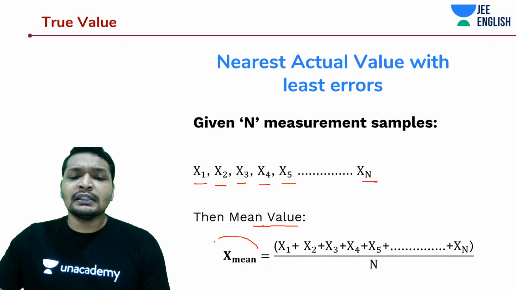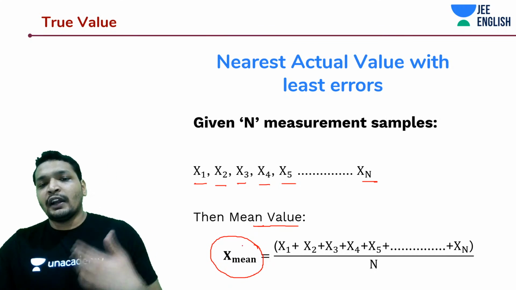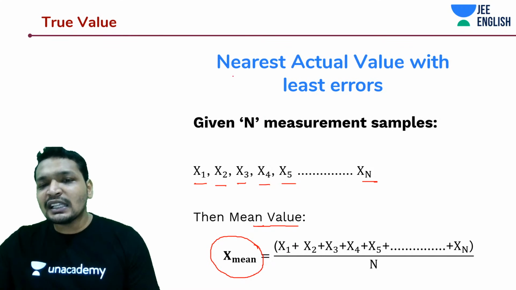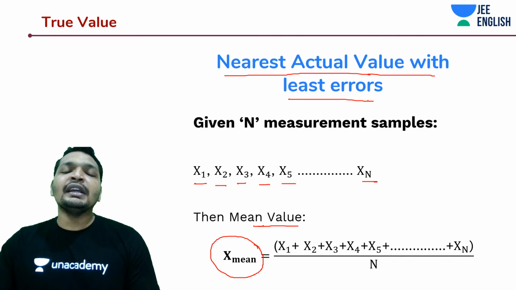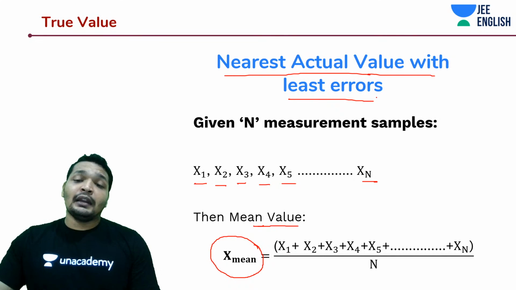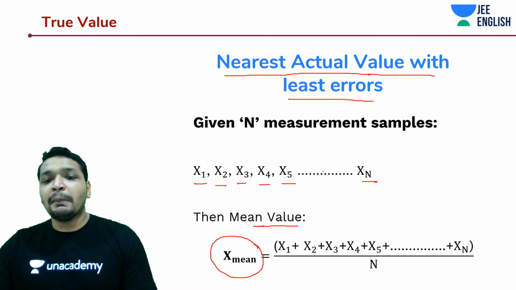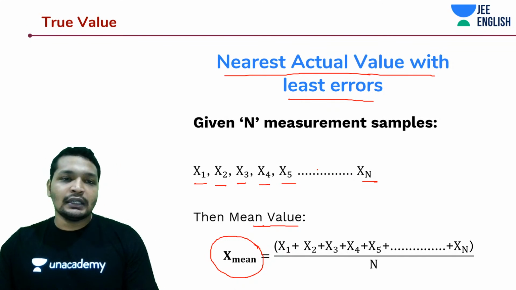The mean of any values is the most accurate value that we can determine. The mean may not have the least error compared to any of the samples, but it can be said they tend to have the least error.